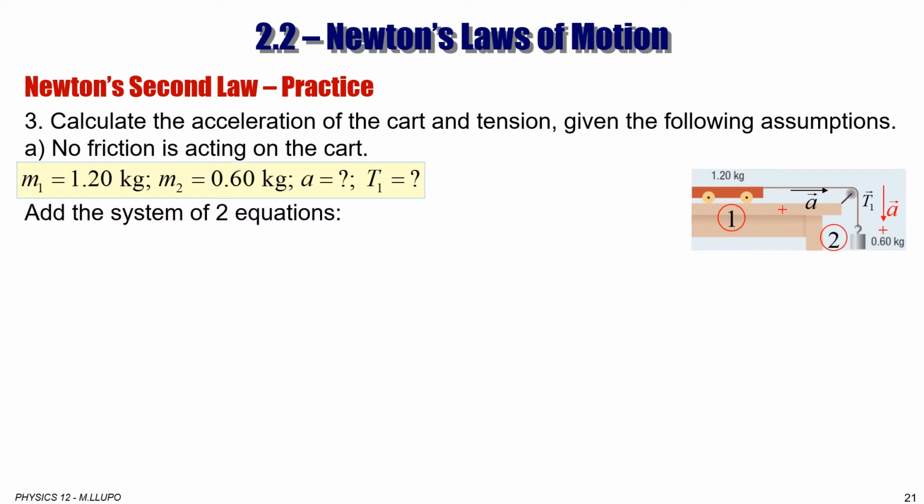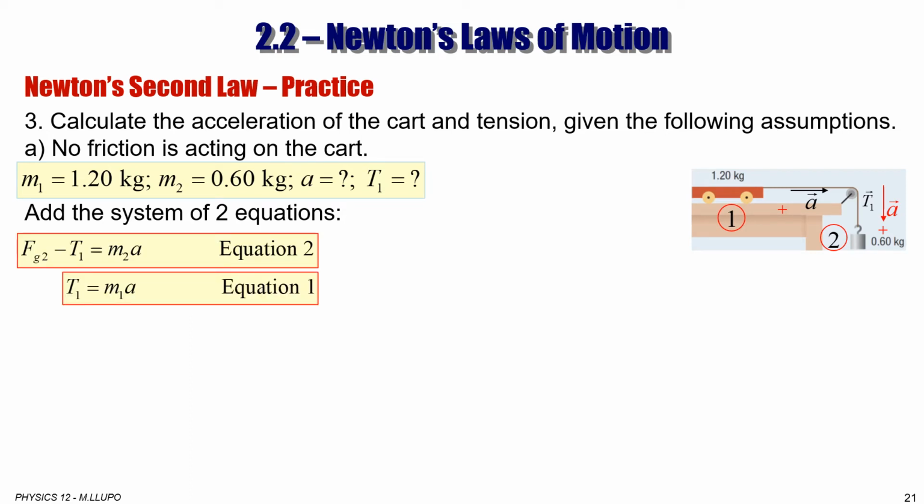Now the next step would be to add those two equations together, equation 1 and equation 2. To make sure we did not make any mistake, both accelerations have to be positive. And another thing that you have to look at is that the tension has to cancel. So Fg2 minus T1 plus T1, they will cancel.